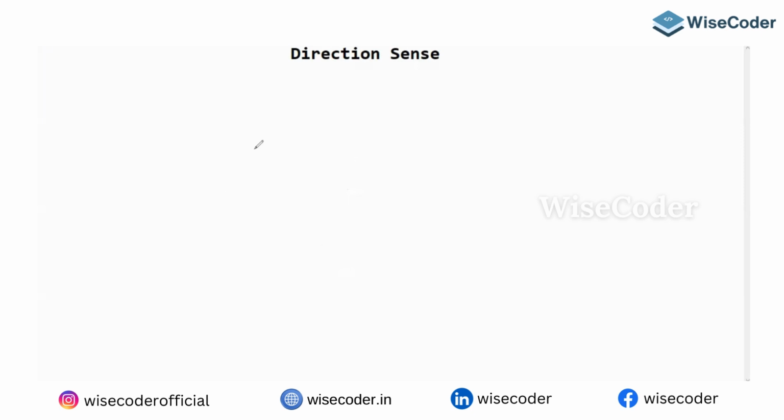It is observed that Ram's shadow fell to his left. Then which direction was Sham facing?